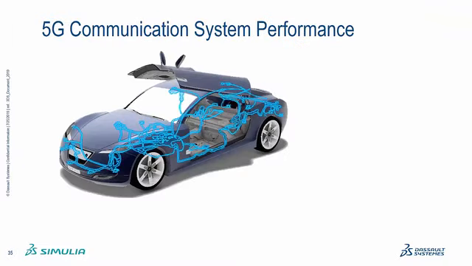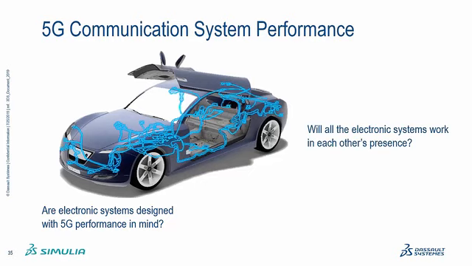The systems behind the antennas also need to be designed with 5G KPIs in mind, so key performance indicators. Are they being designed with this requirement for higher data rate in mind? Will all these electronic systems, of which there are even more now, work in each other's presence? And of course, we have kilometers and kilometers of cabling in a vehicle.